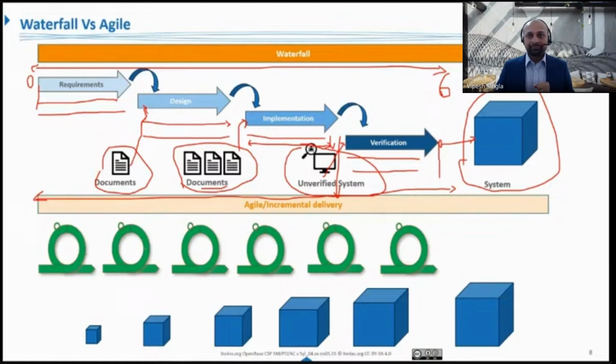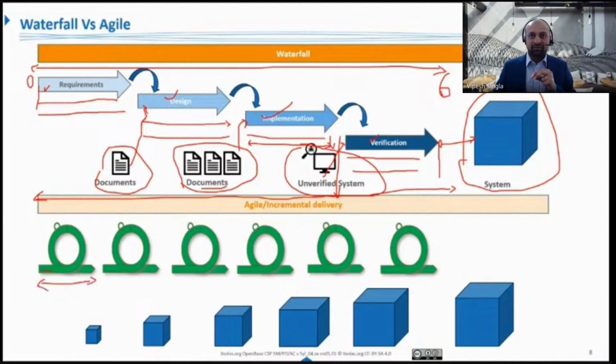But in Agile, all these four phases: requirement, design, implementation, verification, are done in a shorter cycle, which is usually 1 month or less. For the sake of this example, this is a 1 month cycle.